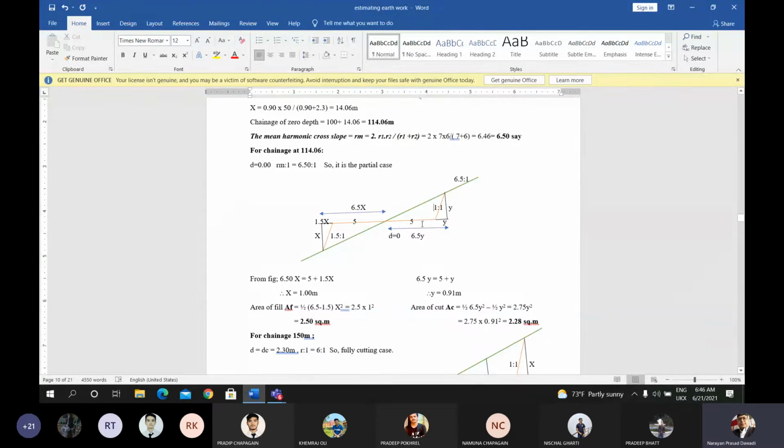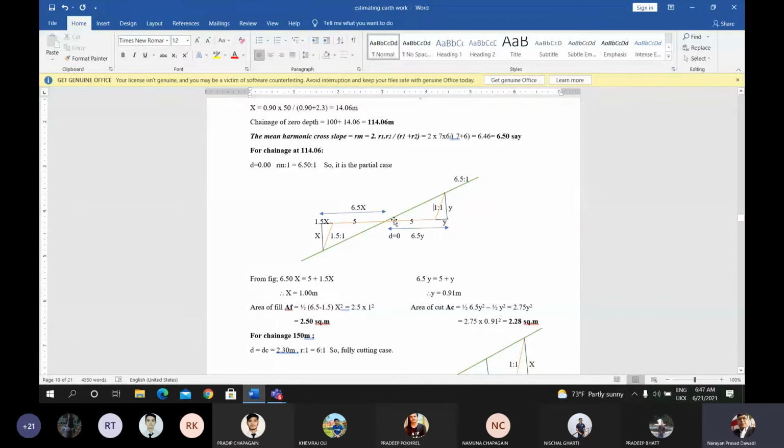According to the y value, the slope is 1:1, so the small base of this small triangle will be y, and this is 5. Similarly, for the cutting portion, this portion is x, the slope is 1.5, so this value is 1.5x.